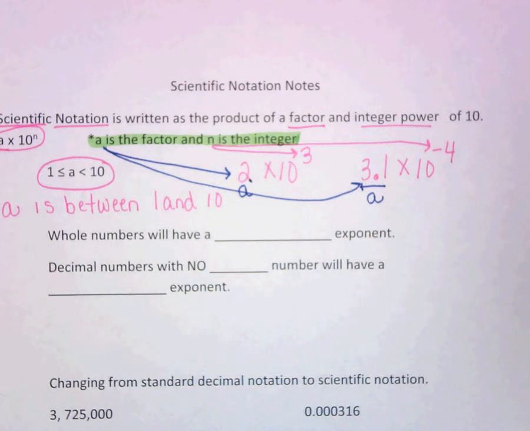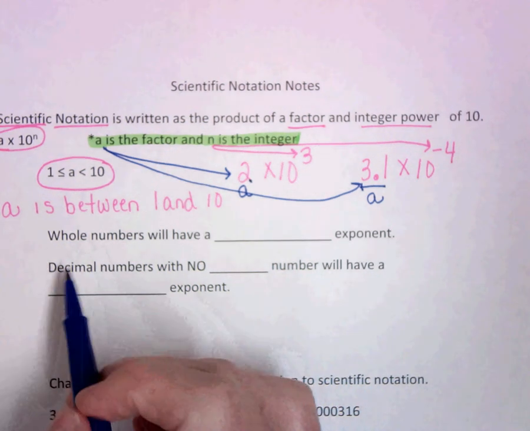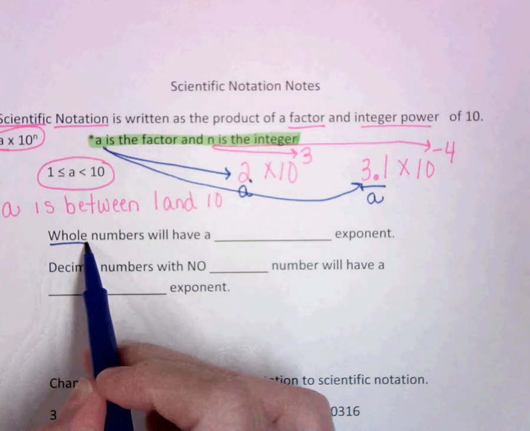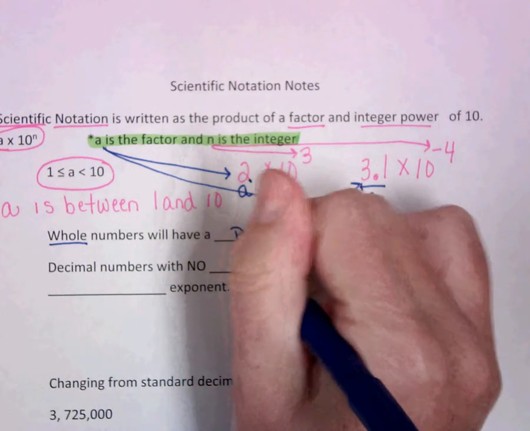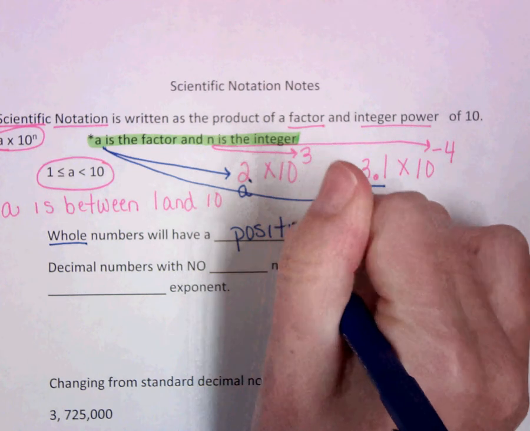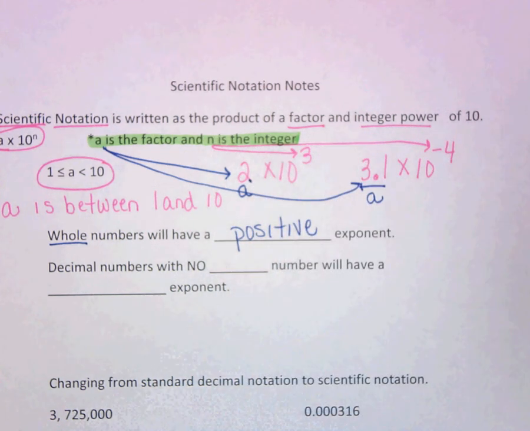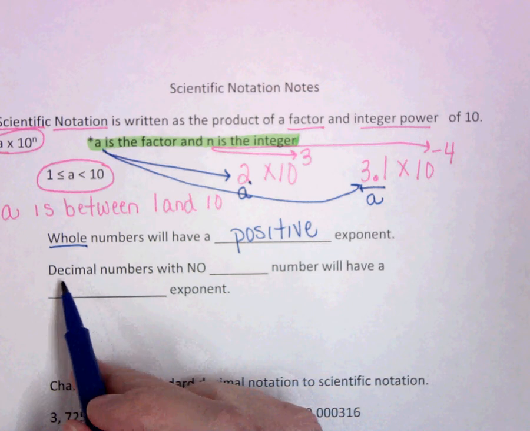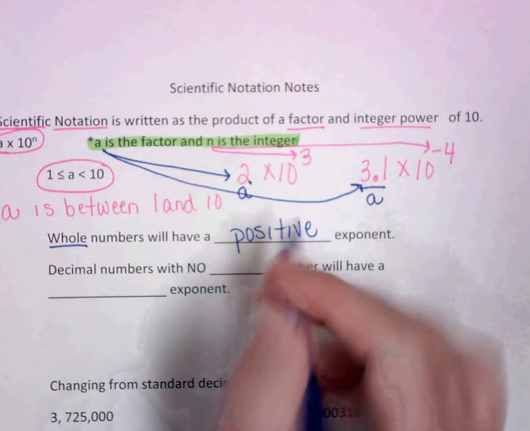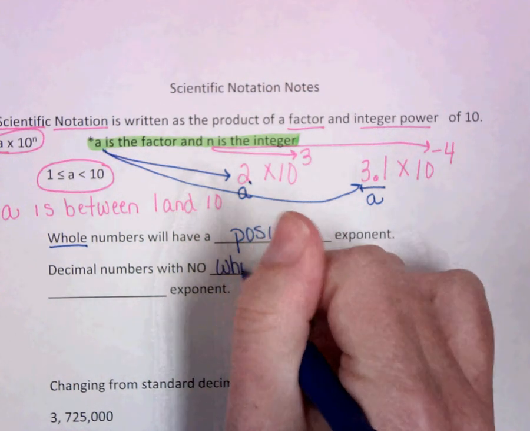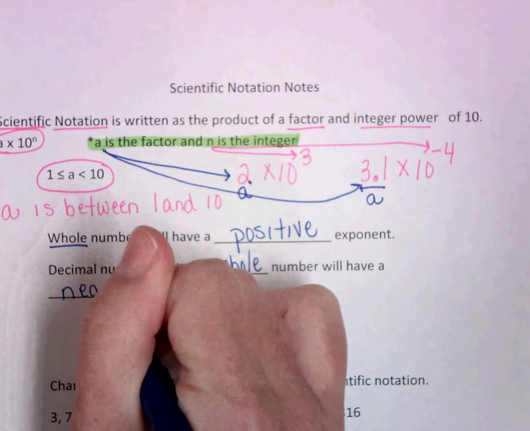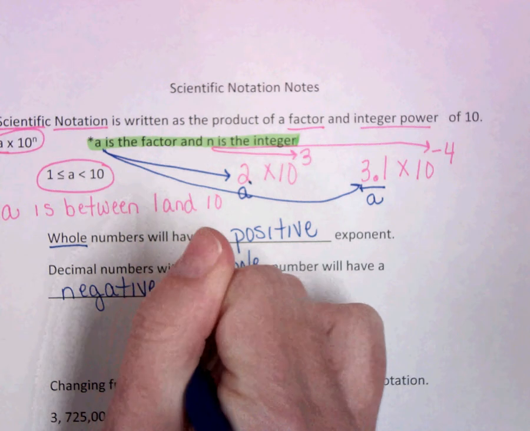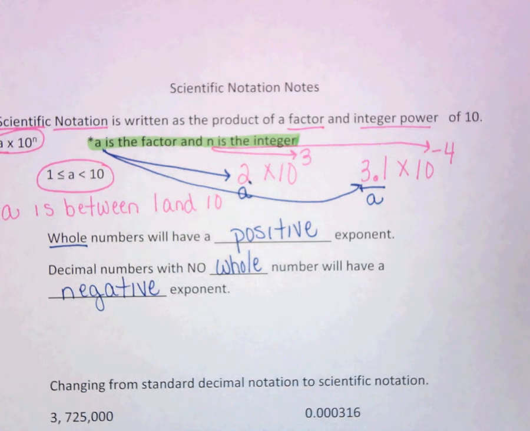If our number is a whole number, or has whole numbers in it, we will have a positive exponent. And if we have a decimal number with no whole number, then we are going to have a negative exponent. Now, I feel like that sounded really confusing, so write that down and let's look at some examples.